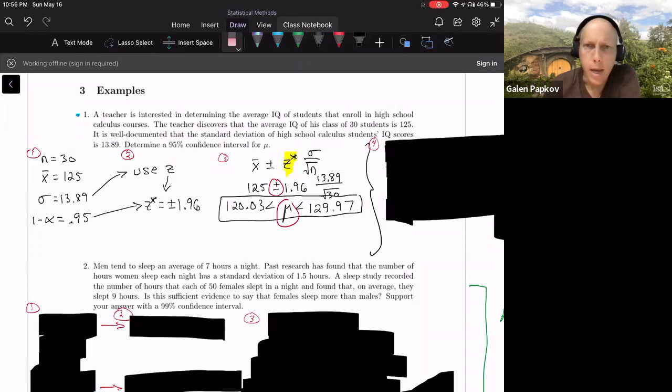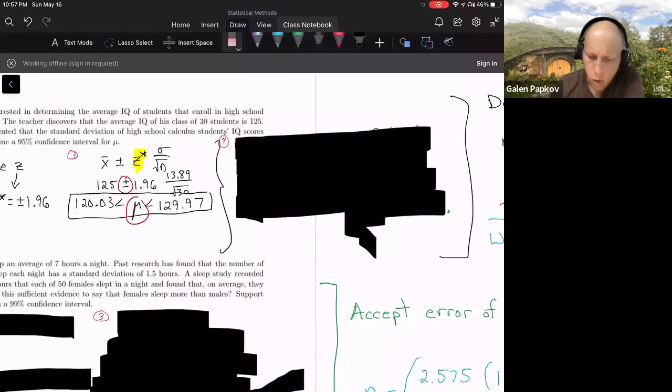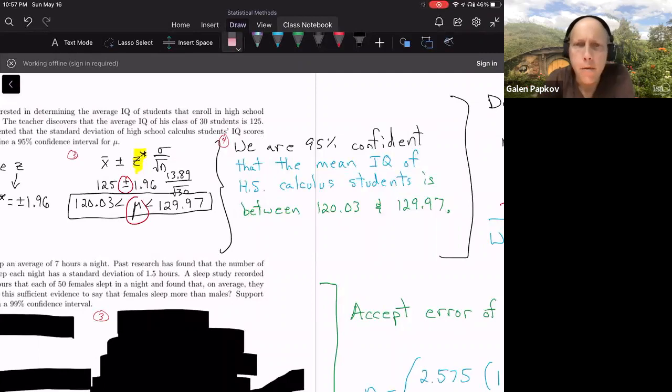Finally, what we end on is interpreting this. So what does this interval mean? And there's a few parts that I'm looking for. What I want, for the first part that I've written in black here, is state how confident you are. This was a 95% confidence interval, and so we are 95% confident.